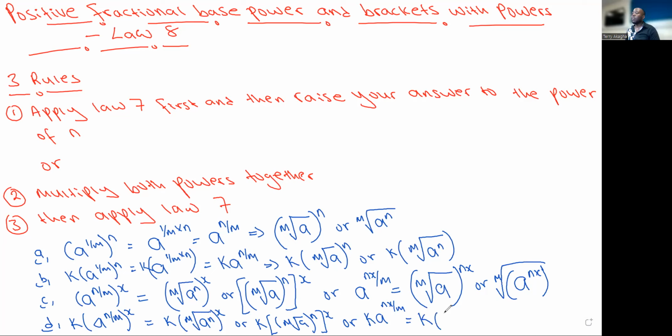Or you can say k times the mth root of a to the power nx. And that is that. So these are the rules for positive fractional base power and bracket with powers.